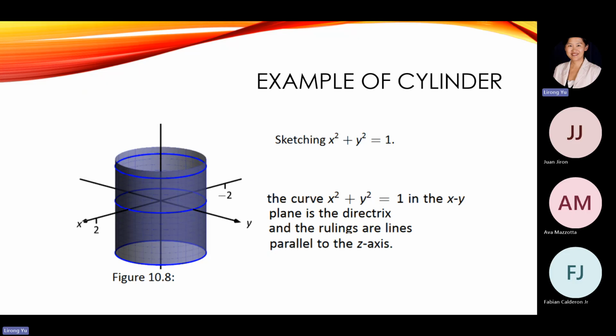But along the z-axis, this circle is like having a lot of lines parallel to the z-axis going around the circle, forming that cylinder. So x squared plus y squared equals 1 is what we call the directrix of the cylinder, and the rulings are the lines parallel to the z-axis. So this is a circular cylinder parallel to the z-axis.